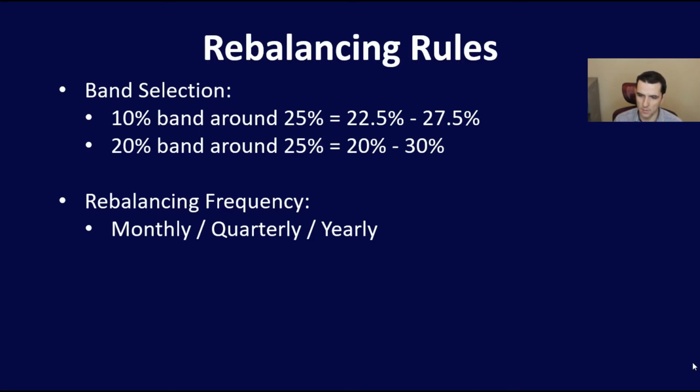I wouldn't say you need to check it any more often than monthly, and I wouldn't say you want to let it run for years before checking it either. So, one of those three options usually is a fairly good thing, and then you mark it in your calendar. You go ahead and check your portfolio. If anything's outside those bands, then you would go ahead and rebalance.